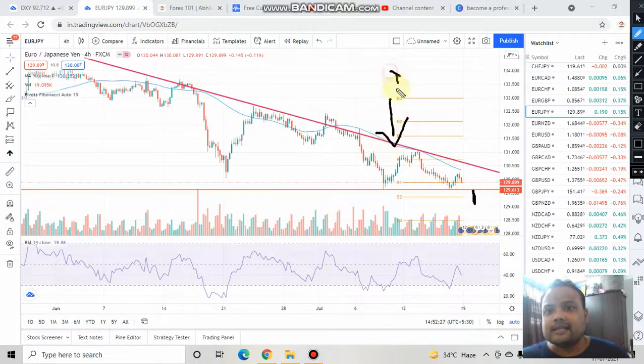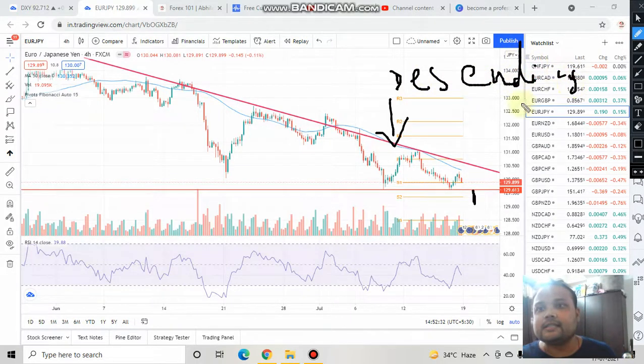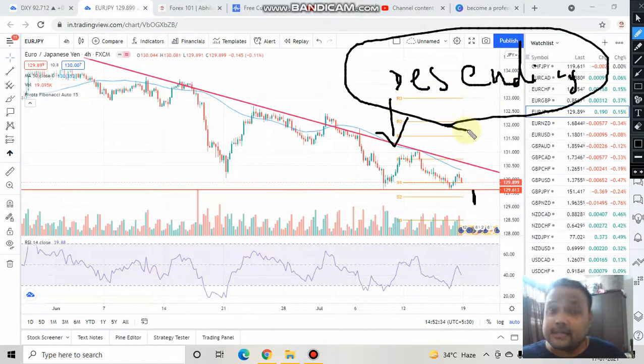A descending triangle pattern is generally seen in a downtrend market, and we generally see selling pressure and the market crosses the support. So if you are looking for the safest option available, just wait for the market to cross this support level, then you can short the market, because this is a descending triangle pattern.